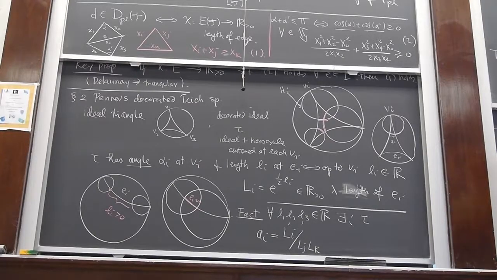Now a decorated Teichmüller space. A decorated hyperbolic metric is going to be a hyperbolic metric with a decoration w on the punctured surface. It is d, a complete finite area hyperbolic metric, and w is a collection of horocycles, one at each cusp.